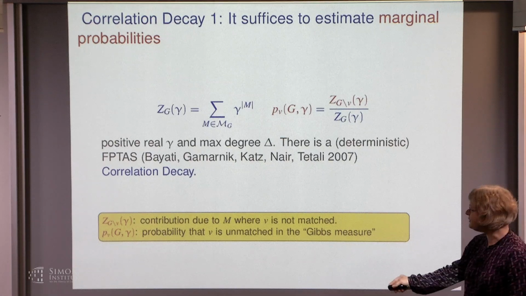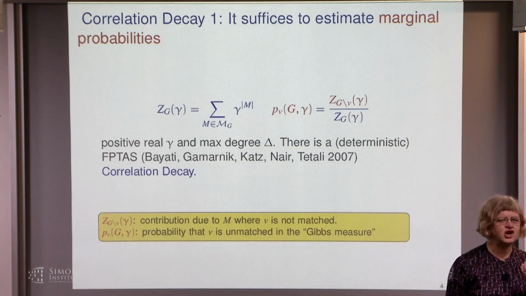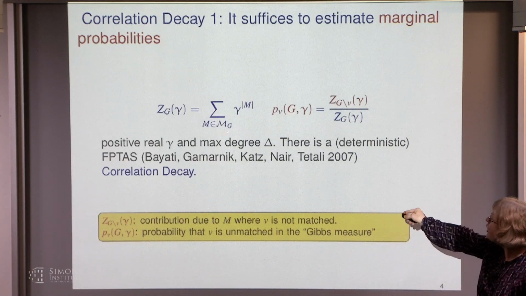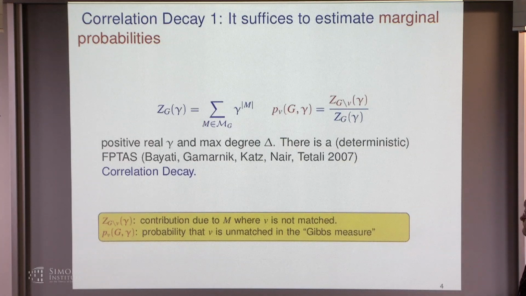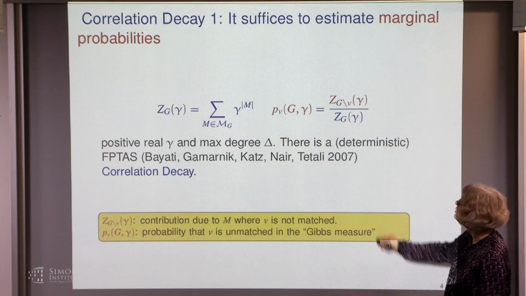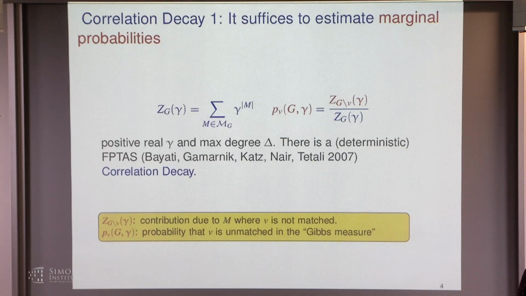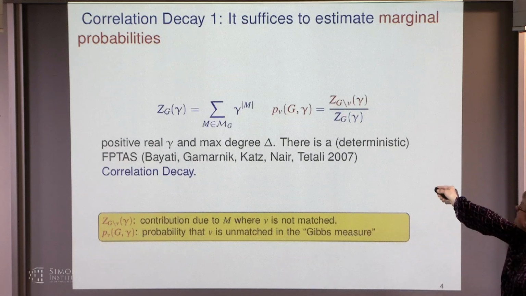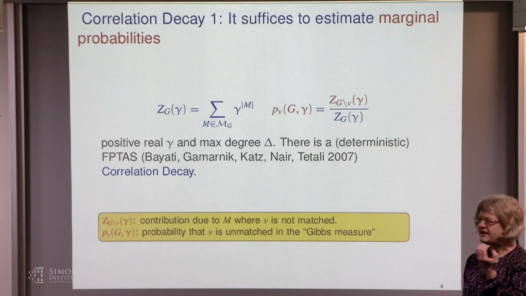That is the contribution to the partition function due to all matchings in which v is not matched, the sum over all matchings that don't match the vertex v. And the marginal, v unmatched divided by the whole partition function, we're going to call P_v of G, gamma. Clearly, if you sampled a matching from the Gibbs distribution, that would be the probability that this particular vertex v isn't matched.